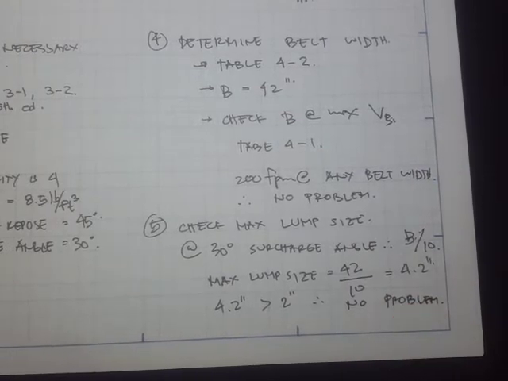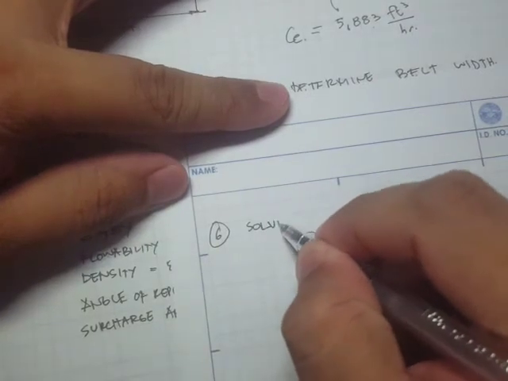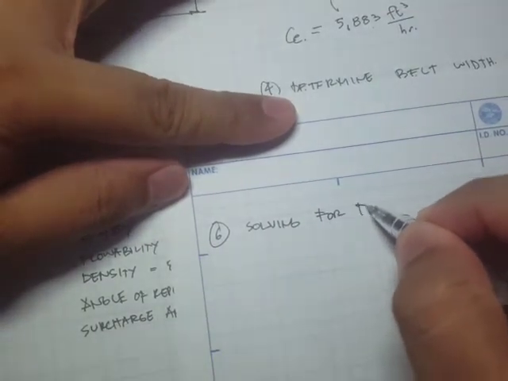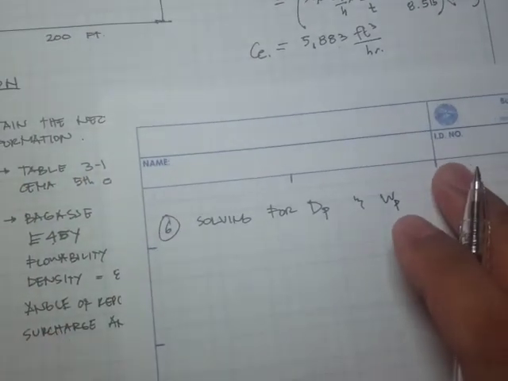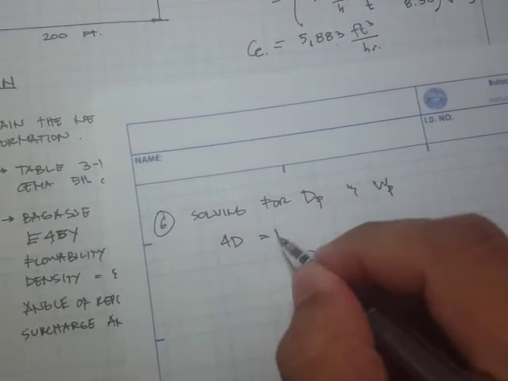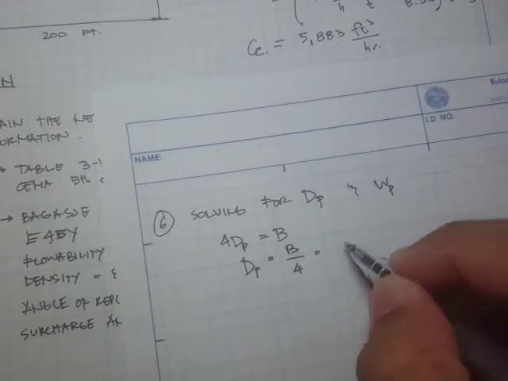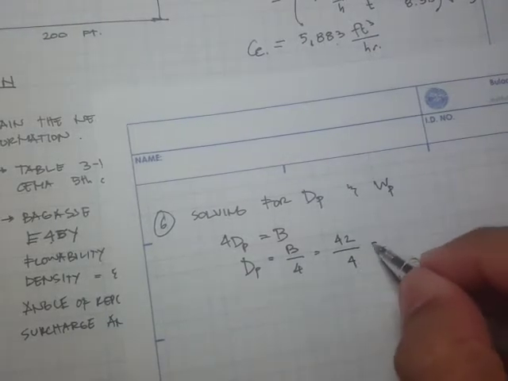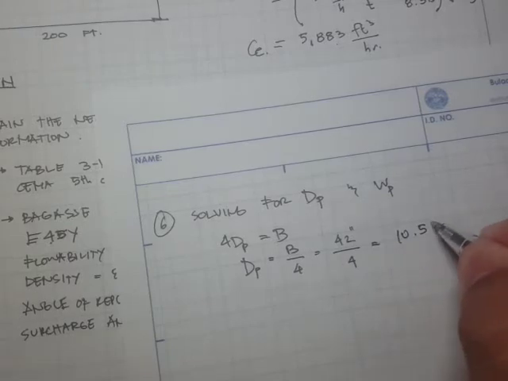Okay, so now the next step is to solve for the pulley face width and diameter. So step number 6, solving for pulley diameter and pulley face width. We have this relationship, b over 4, so our diameter is equal to 42 all over 4, which gives 10.5 inches.